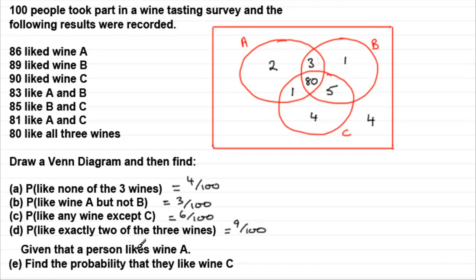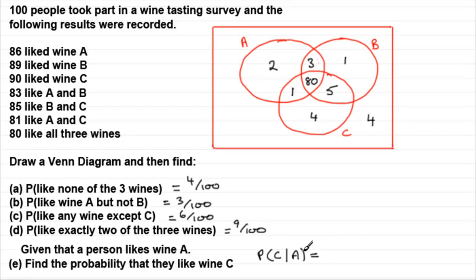Now we're given that a person likes wine A, find the probability that they like wine C. And this type of probability question is often called conditional probability, and we would write this normally in this way: the probability that someone likes wine C, and we write given with a vertical line, given that they like wine A. And when you're working with Venn diagrams, these kind of questions are very easy to work out.